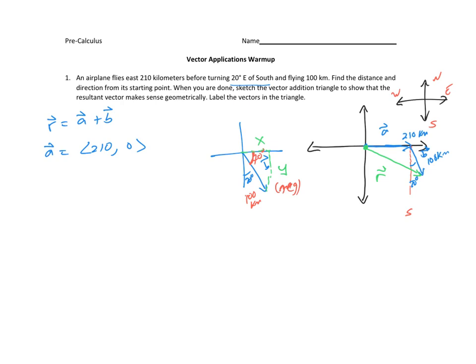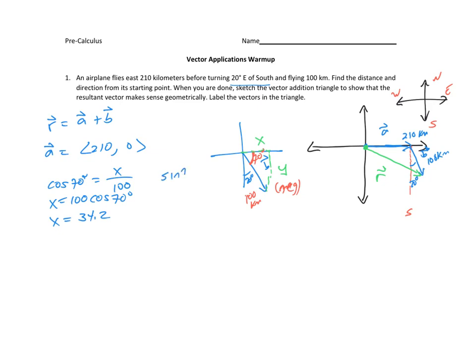So I can say that cosine of 70 degrees is going to be the X component over the magnitude of the vector, which is 100. So X is going to be 100 cosine 70 degrees. And if you enter that in your calculator in degree mode and round to one decimal place, you'll get 34.2.